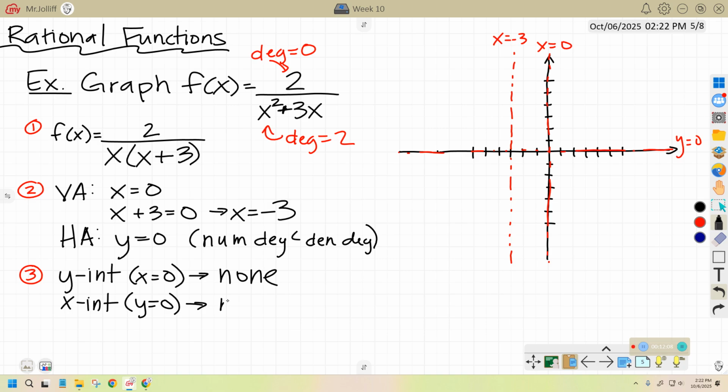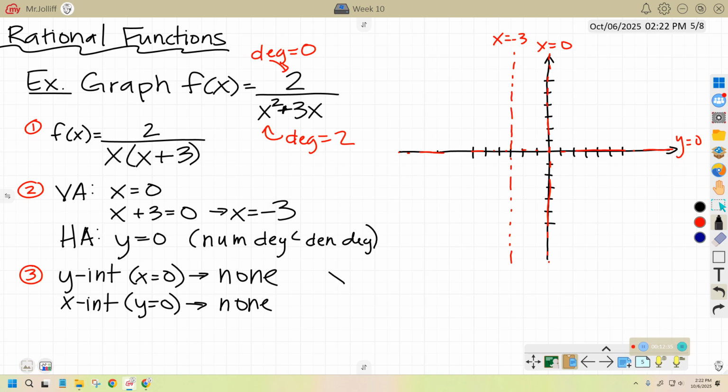I'm never going to cross it. There are none. There is no value of the numerator that will make that fraction 0. The numerator is a constant. The numerator is always 2. And remember, it's the zeros of the numerator that tell me where my intercepts are. That's what makes the fraction equal to 0. Good. So no intercepts.